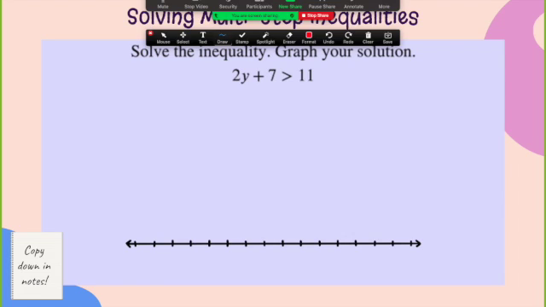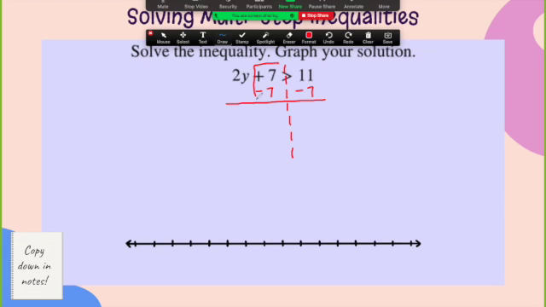Right here, I know that if I were to subtract 7 from this side of the inequality, and remember it's very similar to having an equal sign there, whatever I do to one side of the inequality, I have to do to the other. So if I subtract 7 on the left side, that means I have to subtract 7 on the right side as well.